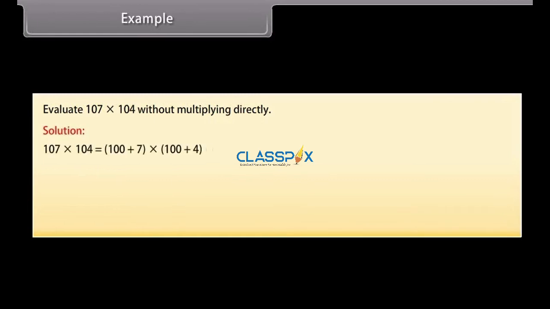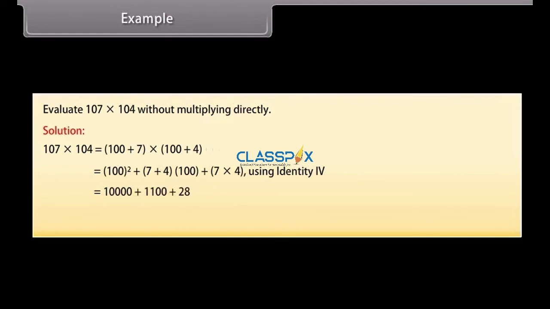Solution. 107 × 104 = (100 + 7)(100 + 4) = 100^2 + (7 + 4) × 100 + 7 × 4 using identity 4, which equals 10,000 + 1,100 + 28, which is equal to 11,128.